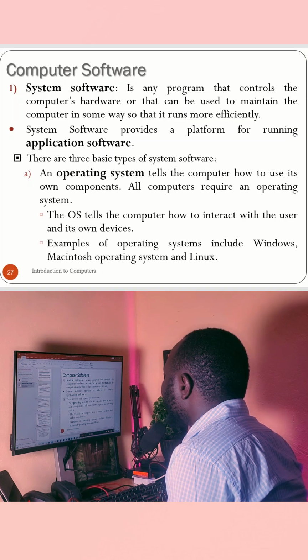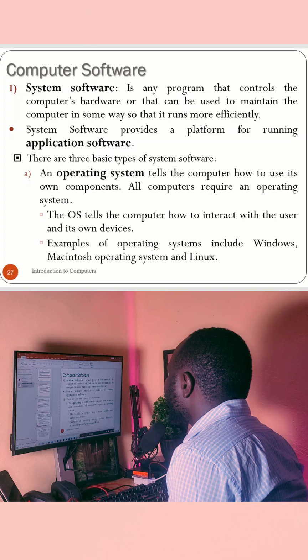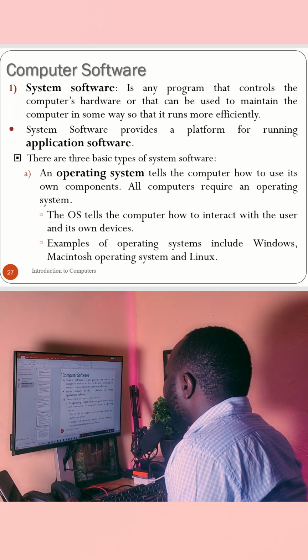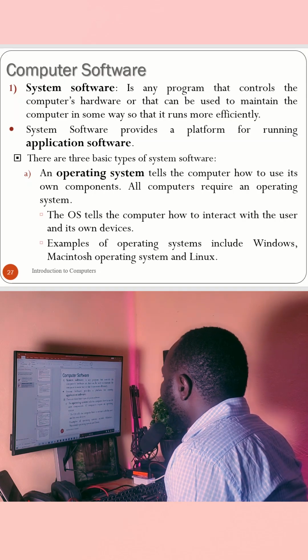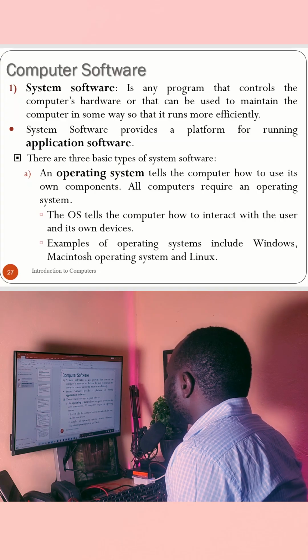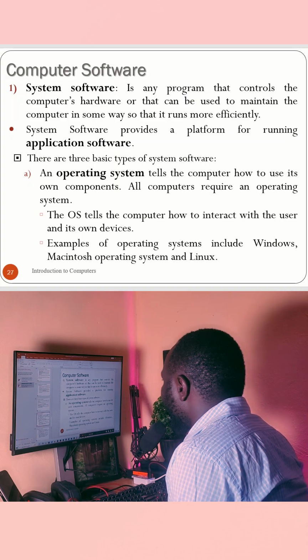And we are going to realize there are three basic types of system software. We have what you call operating systems, which tell the computer how to use its own components. All computers require an operating system. Yes, I explained earlier, if you've been following through, that when you buy a brand new computer that no one has ever used before, it only comes with what we call firmware.